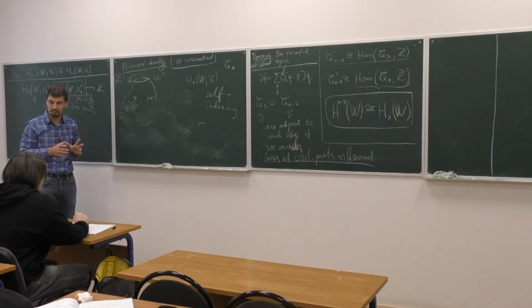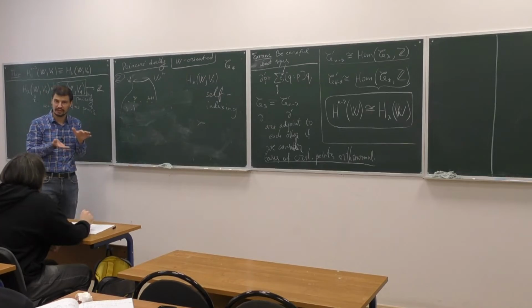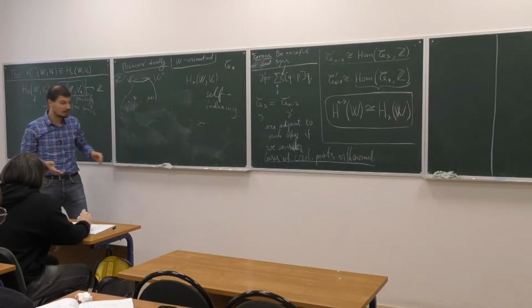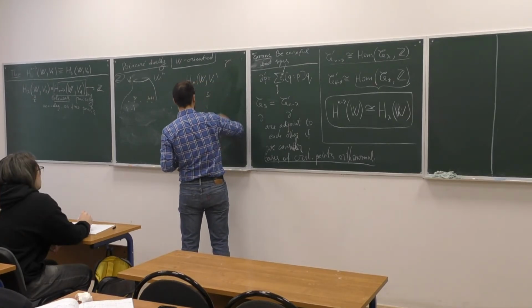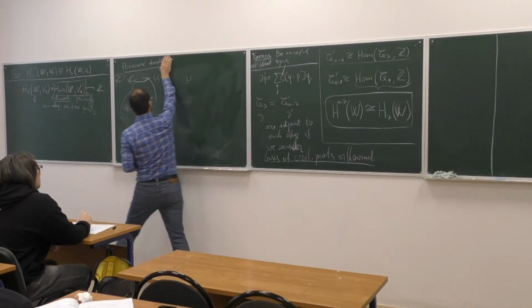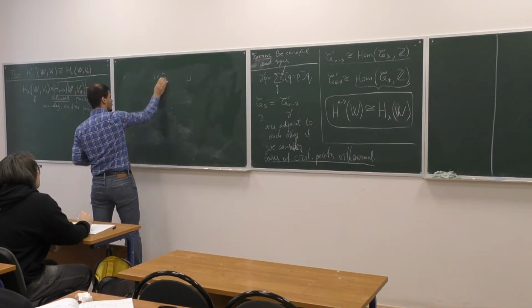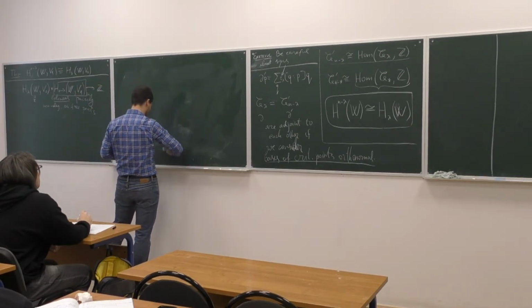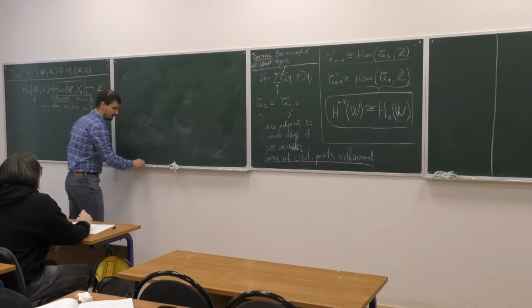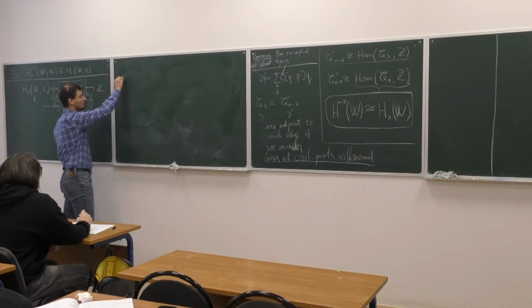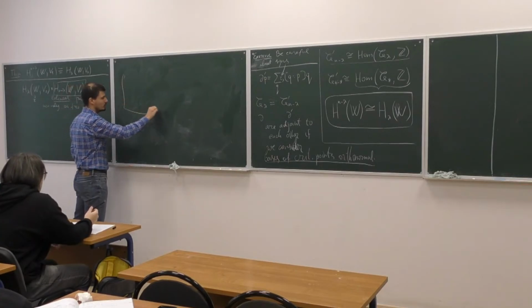So let us now study some piece where we have only one level of critical points, only one index of critical points. So now I would like to study this situation. Suppose now that we have the following situation.